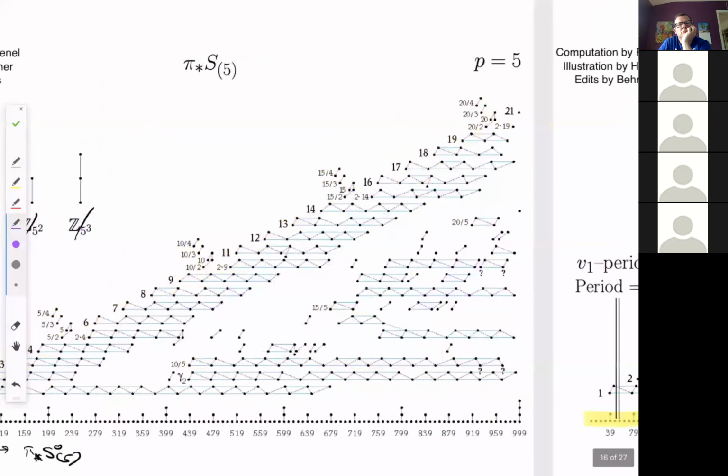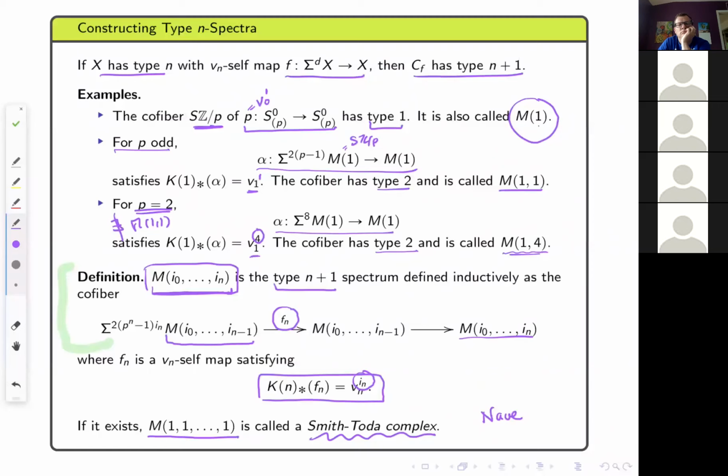Okay, so we have this slide, right? Okay, so I'm going to correct myself. What I wanted to say is that if you have a type n complex here, and you take the cofiber, then the homotopy type of the cofiber might depend on the choice of the v_n self map.